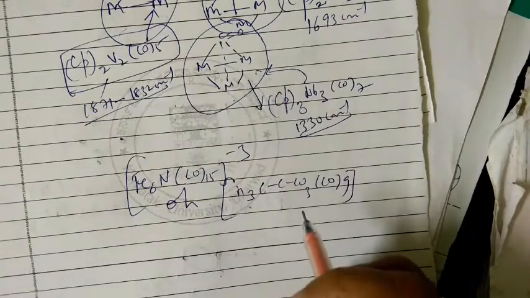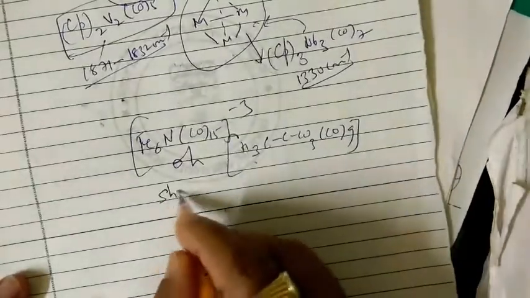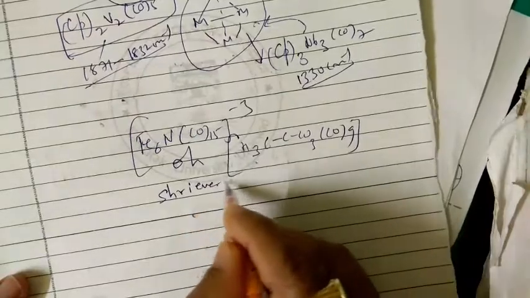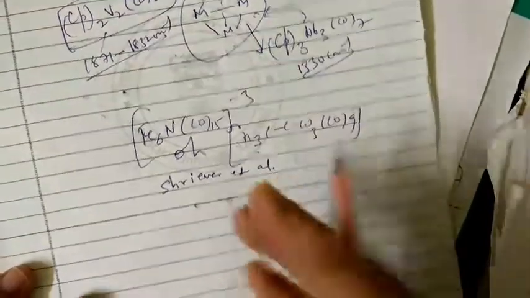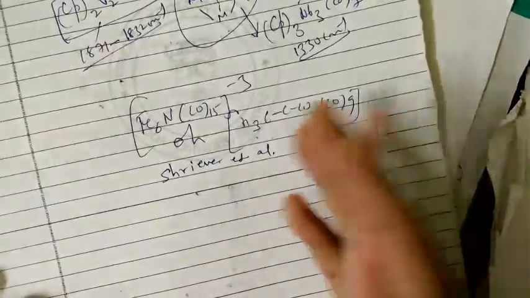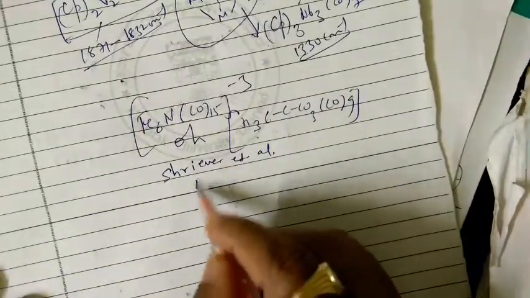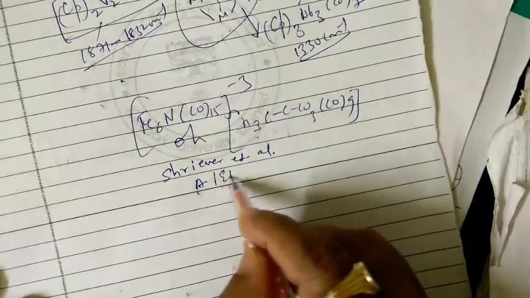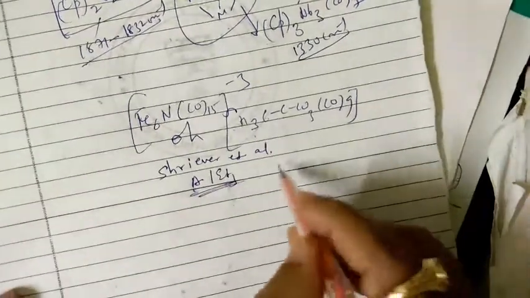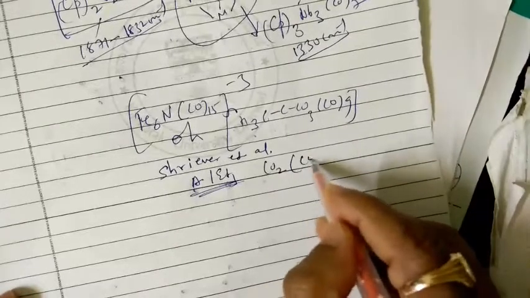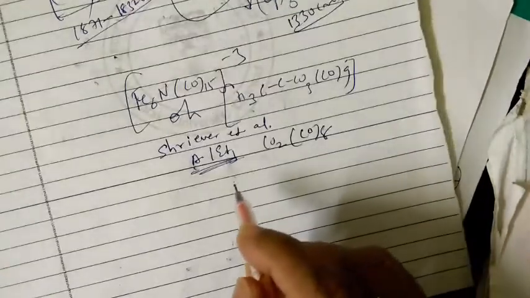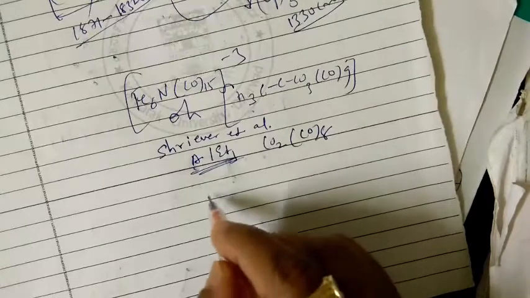And even Shriver et al., one more scientist, also found that the oxygen atom of the bridging CO group can form a bond with a Lewis acid, like AlEt3, triethyl aluminium. It was shown in Co2(CO)8.